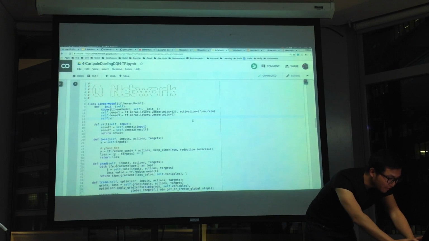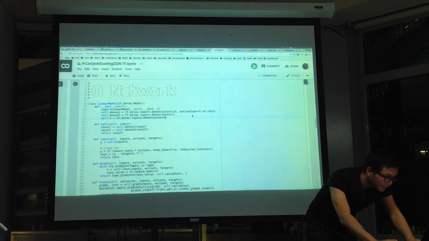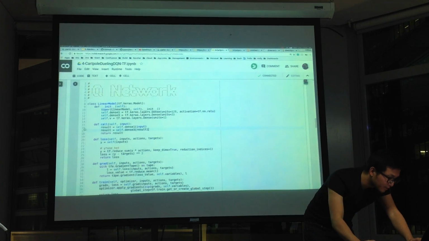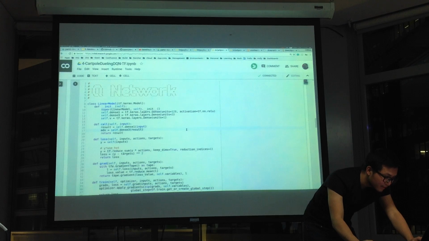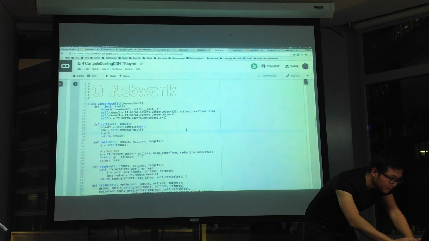And here, we define a V layer equals tf.keras.layers.Dense with units equal to 1. So in this scenario, our normal output becomes the advantage. V equals self.v.